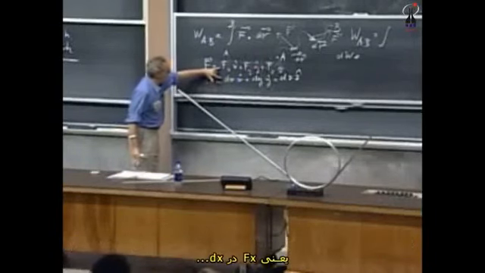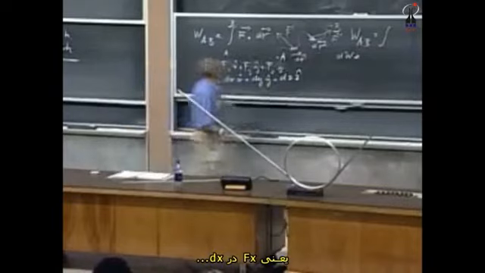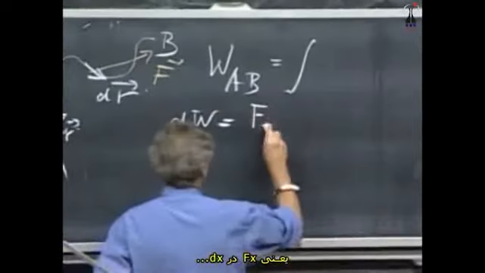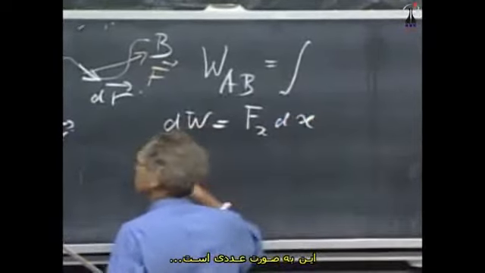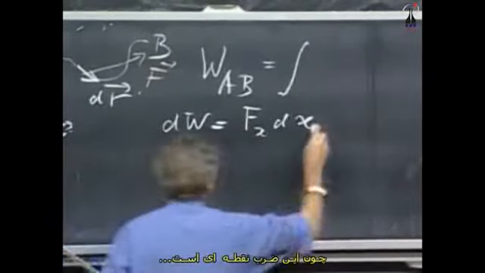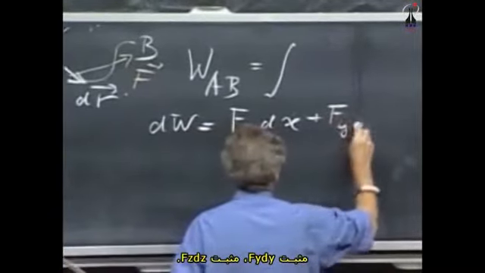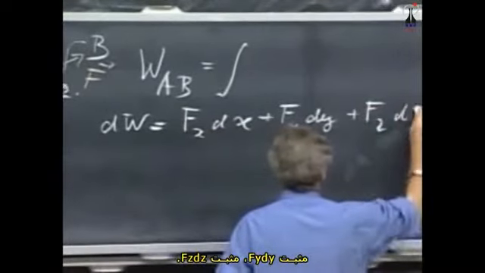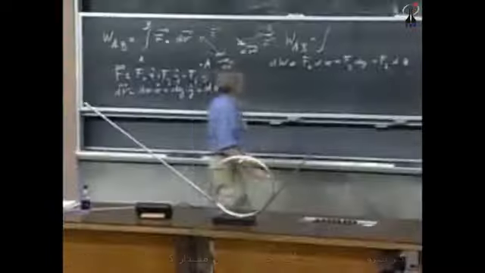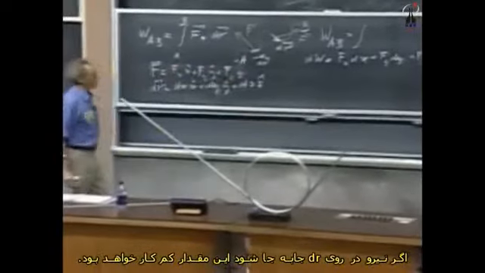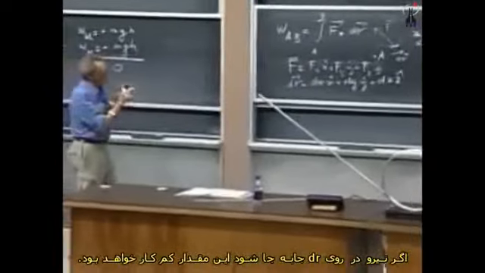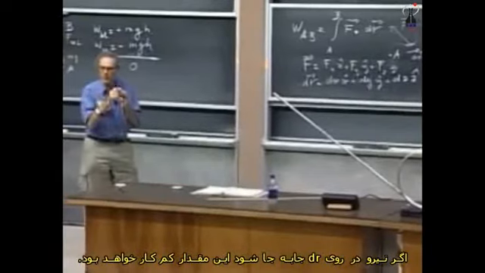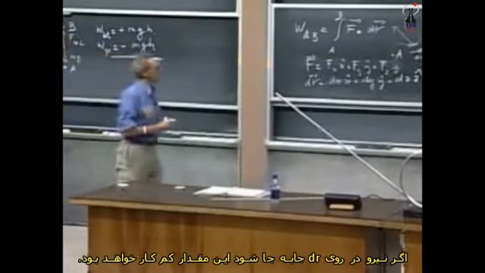That is simply Fx times dx, plus Fy dy plus Fz dz. It's a scalar, because this is a dot product. That is a little bit of work if the force is displaced over a distance dr.